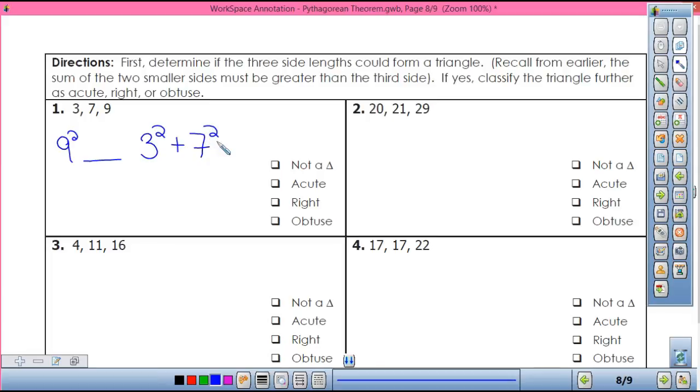So 9 squared is 81. 9 plus 49. So 81 is greater than, less than, or equal to? It's greater than, so that makes it obtuse.